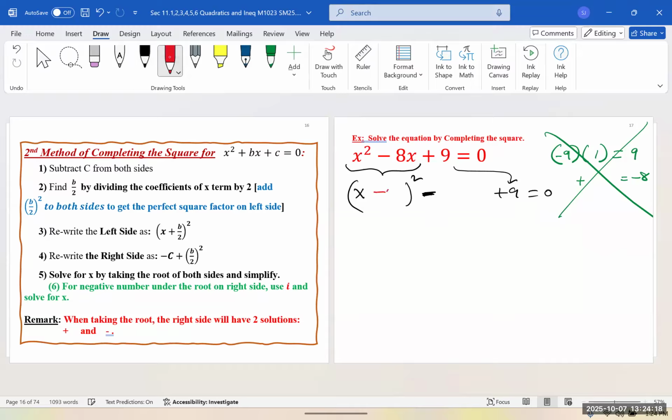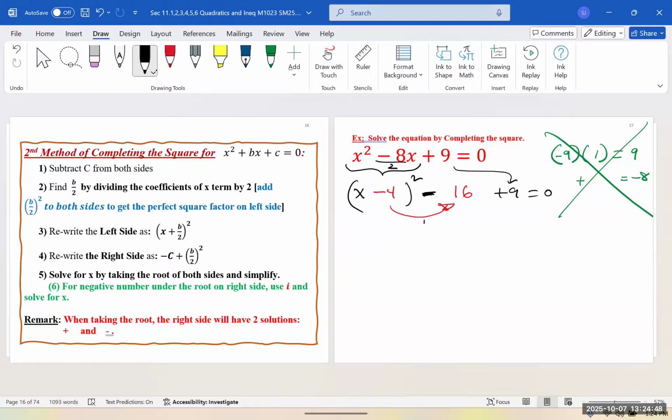So minus 4 inside, and what goes outside? 16. Half of b goes inside your square, inside the parentheses, and whatever you have, that square goes outside the parentheses.